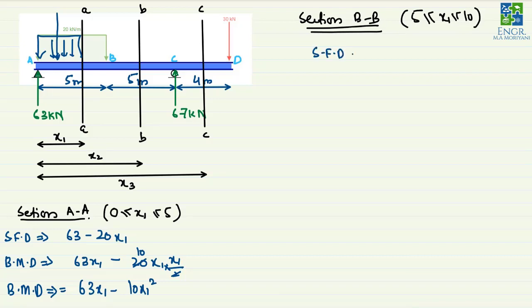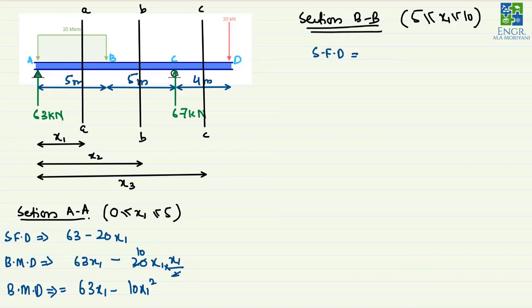For the shear force diagram, now we are considering this BB section. Whatever forces are to the left of this BB section, we have to consider those forces. To the left of this section, you can see we have a 63 kilonewton force, which is a point load, and a uniformly distributed load of 20 kilonewton per meter.